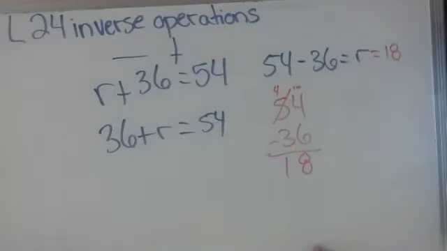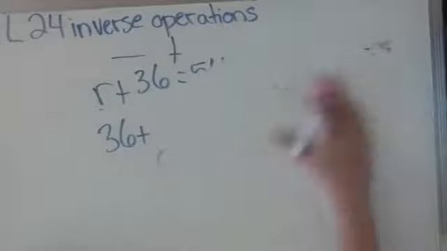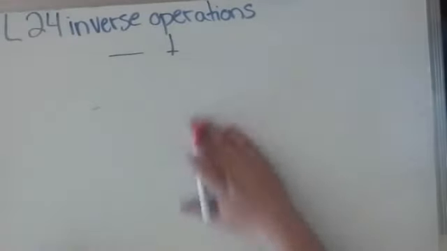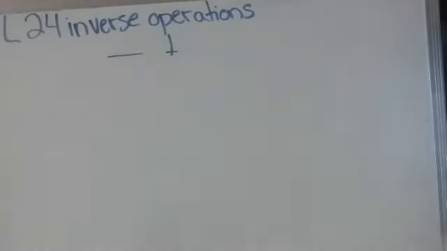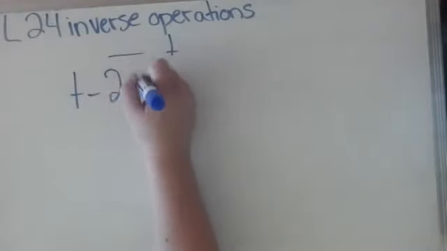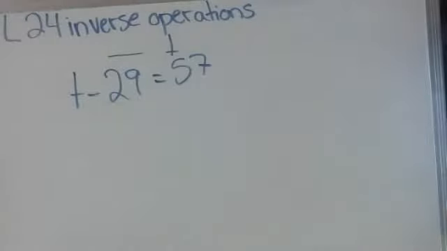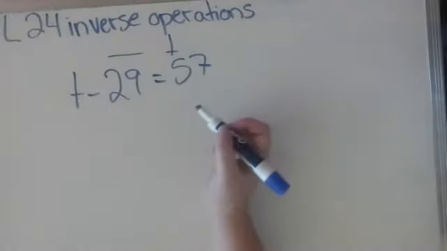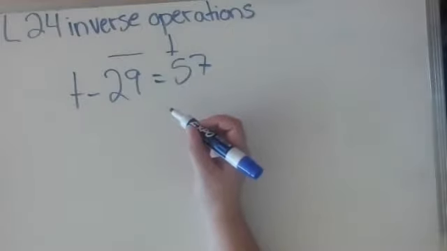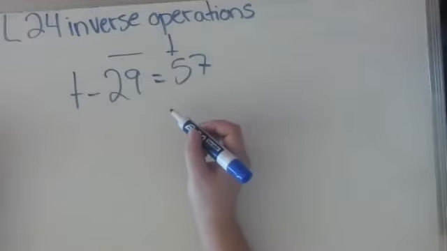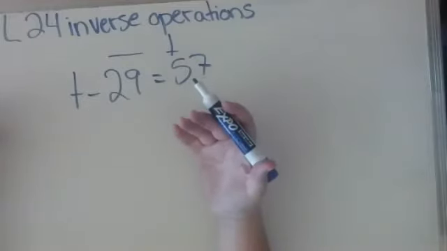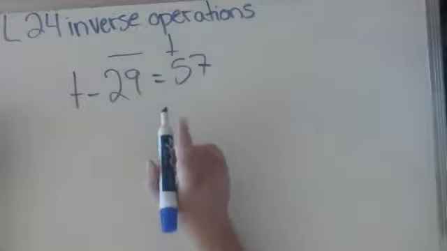Same thing as the last one, just a different letter. Okay, let's look at subtraction, because if it works for addition, maybe it'll work for subtraction. T take away 29 equals 57. I'm going to first make another subtraction fact. Well, here's my issue.